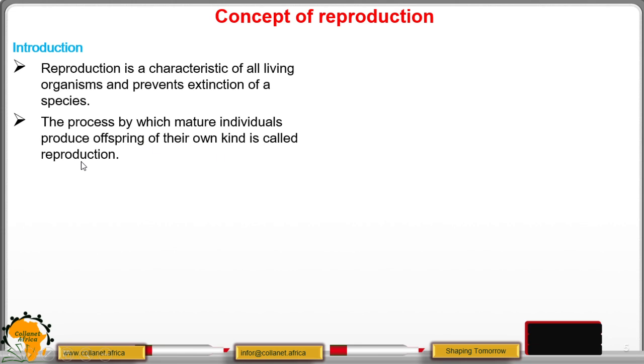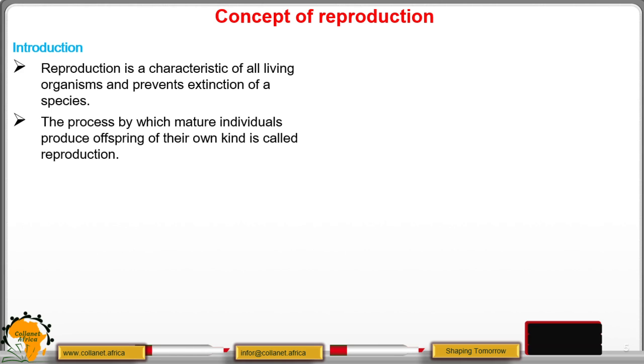Remember, sometimes you have heard in the media that a pig gave birth to something that looked like a human being. That is not reproduction. So they should be individuals of their own kind. There is what we call a mule, which is an offspring between a horse and a donkey.